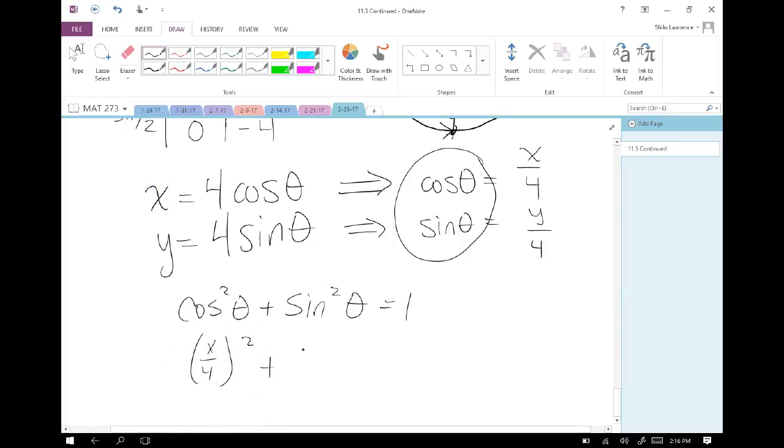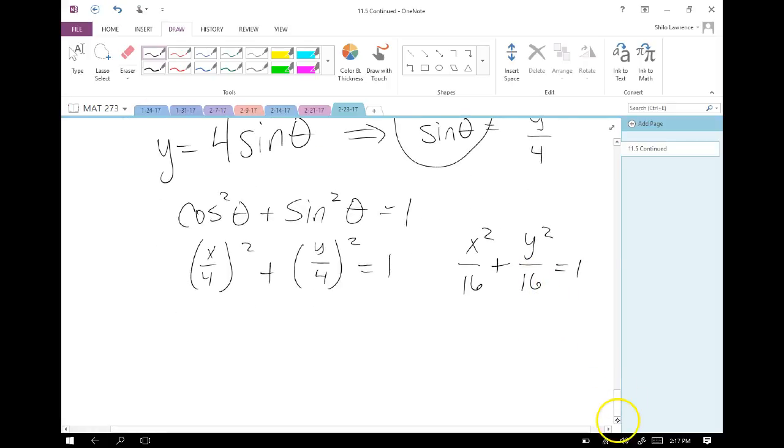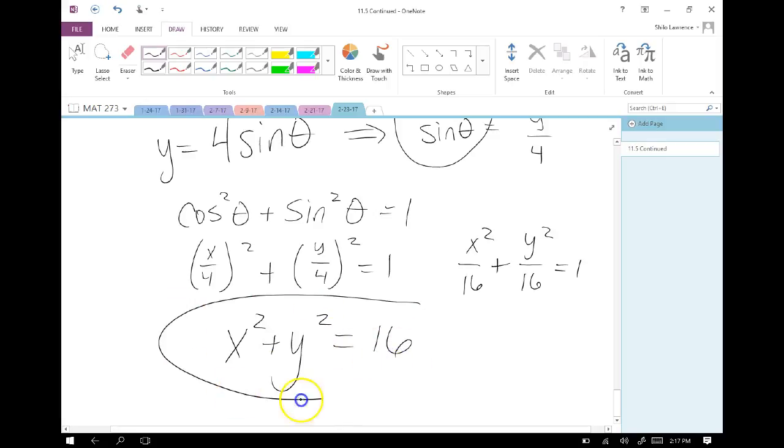And sine is equal to y over 4, so I can replace sine with y over 4 squared. So this is x squared over 16 plus y squared over 16 equals 1. Since they have the same denominator, I multiply everything by 16 and get x squared plus y squared equals 16. That is the equation for a circle centered at the origin with a radius of 4.